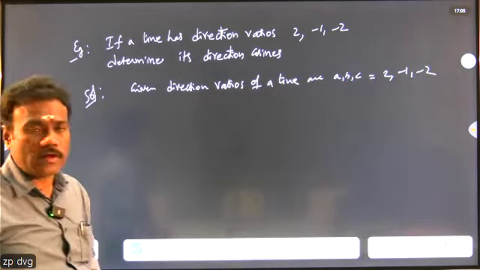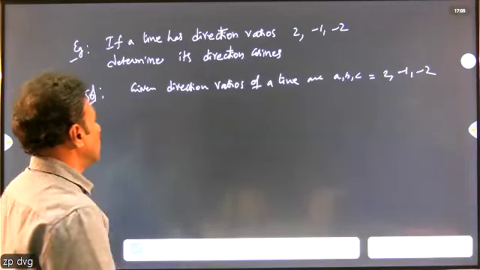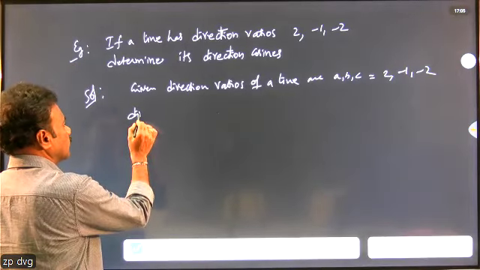A value is 2, B value is minus 1, C value is minus 2. Now we have to find the direction cosines of the line.